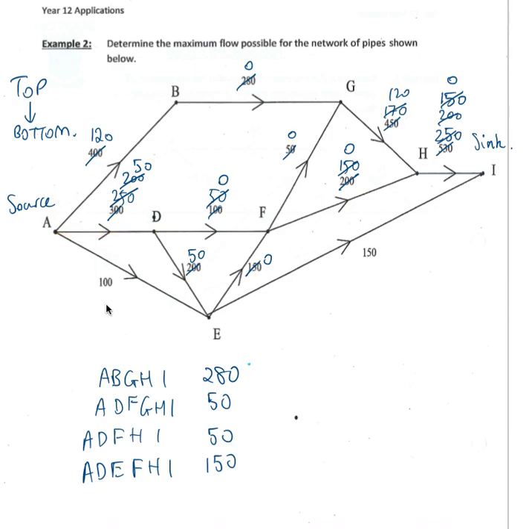Next step, find the next pipe, top to bottom. Maximum 50, 50, 150. 50 is the max we can push through. Deduct 50 off.